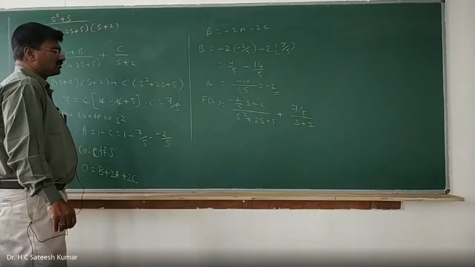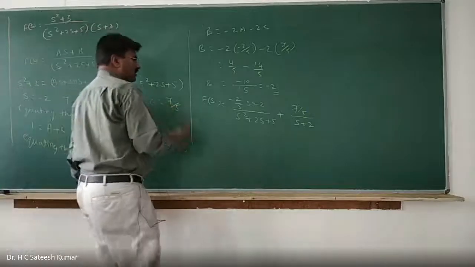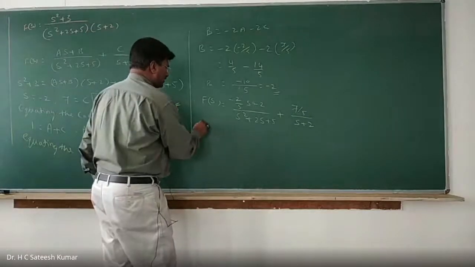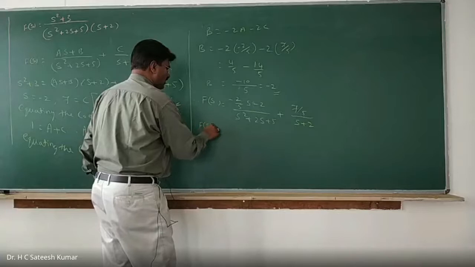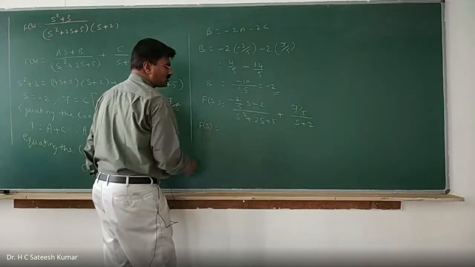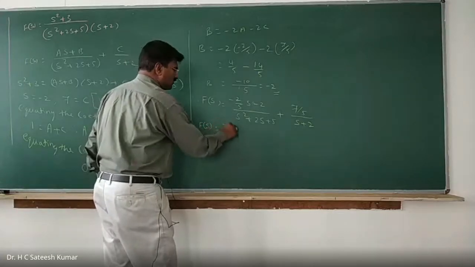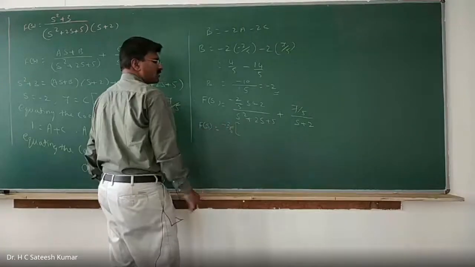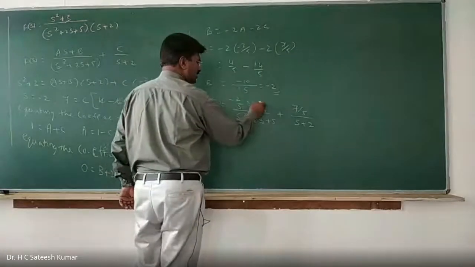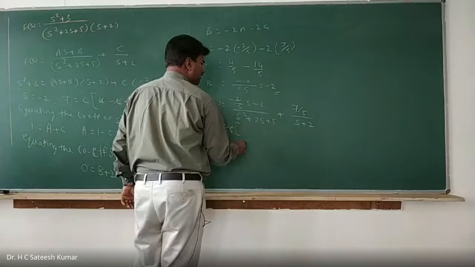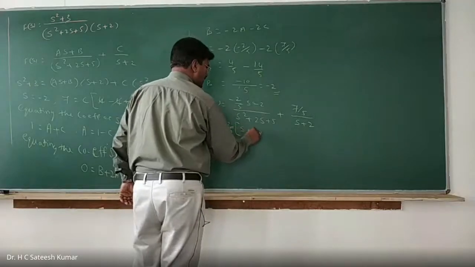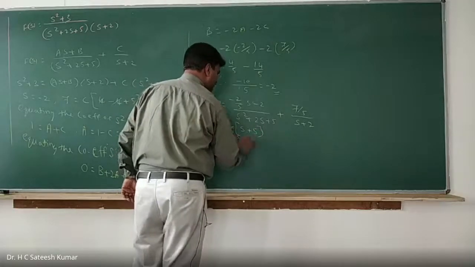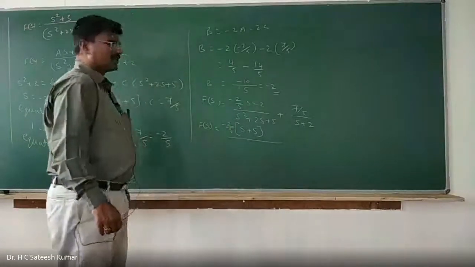Right. So now this minus 2 by 5, you can take it outside. So F of s, now we'll have to go for the standard form of the Laplace transformation. Minus 2 by 5, if you take it outside, what is left out? Minus 2 is there, 1 is left out. 5 you have taken, you have to write down 5. So now like s plus 5, we can write it. Multiply and check it out once again.